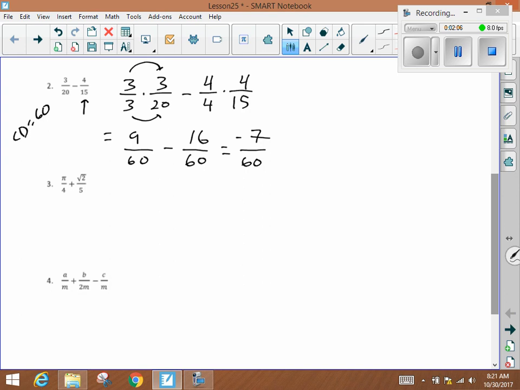I just wanted to point out some weird stuff with a negative sign like that, because I've seen some weird stuff go on. Isn't it true that this is the same as this, which is exactly the same as this, which is the same as that, right? Those things are all the same.